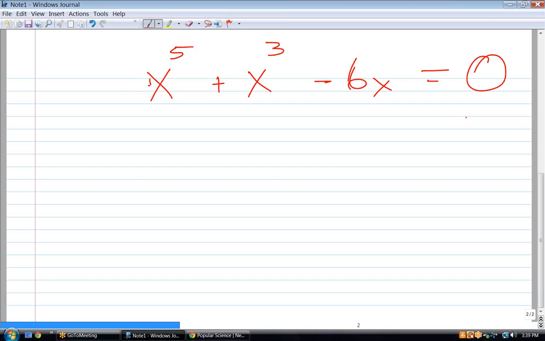Solve that. What's the first thing you think of when you think of factoring? What's the very first step that you should always look at?